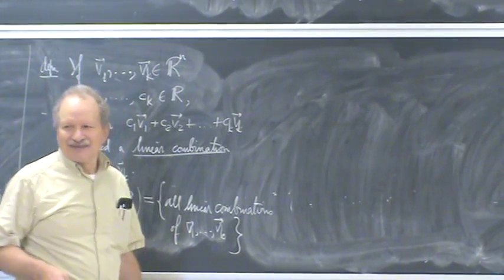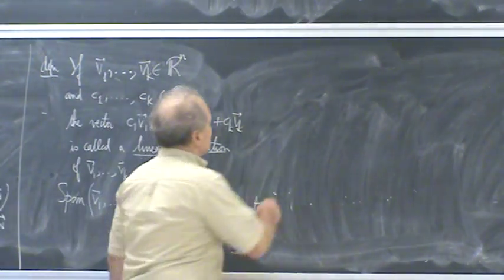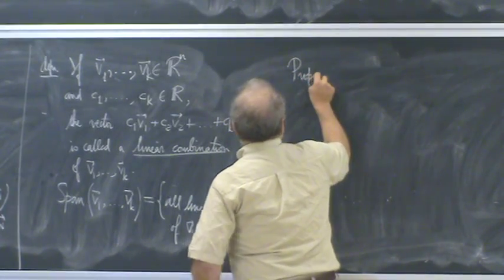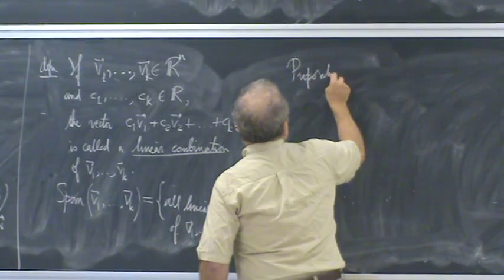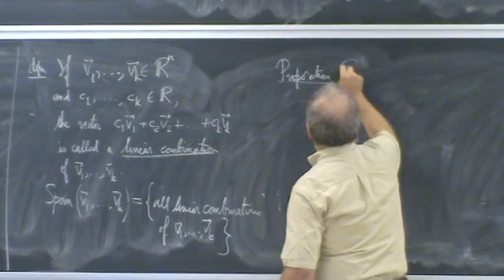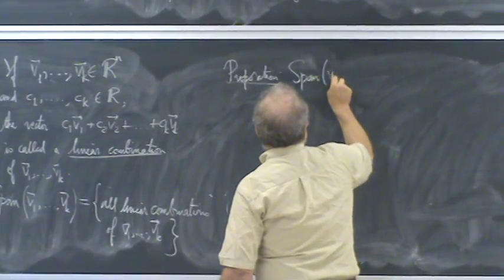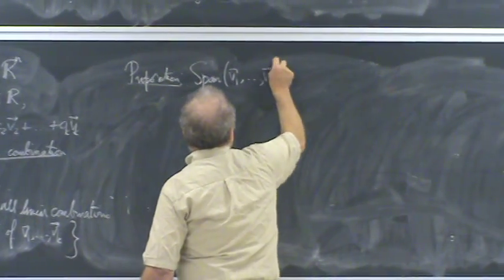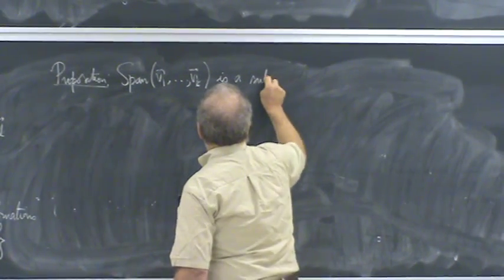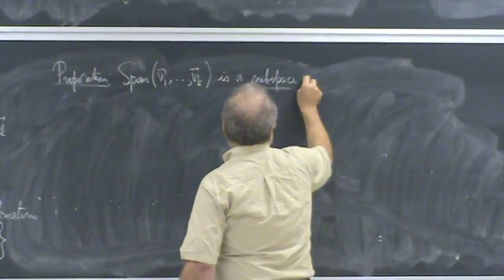A subspace. You get a subspace. So the proposition here: the span of V1 to Vk is a subspace of Rn.